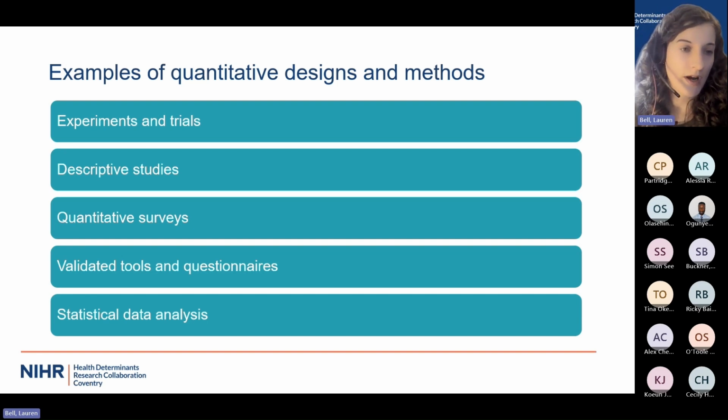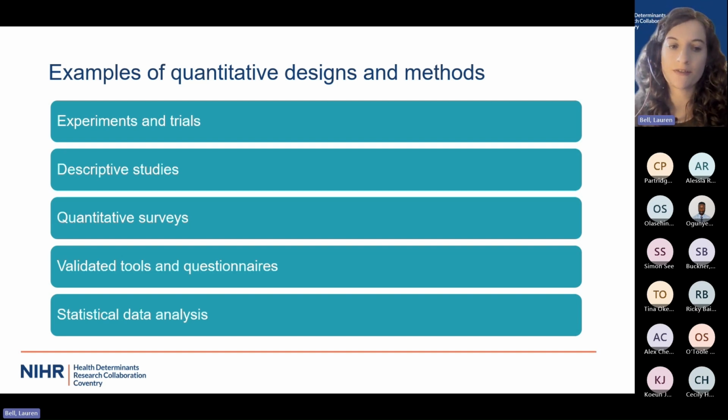Descriptive studies are where you're looking for observations in a population or among variables. So you might be looking for associations between different variables. Do people who are digitally excluded have worse mental well-being, for example? You're just looking at the associations between those two variables in a group.